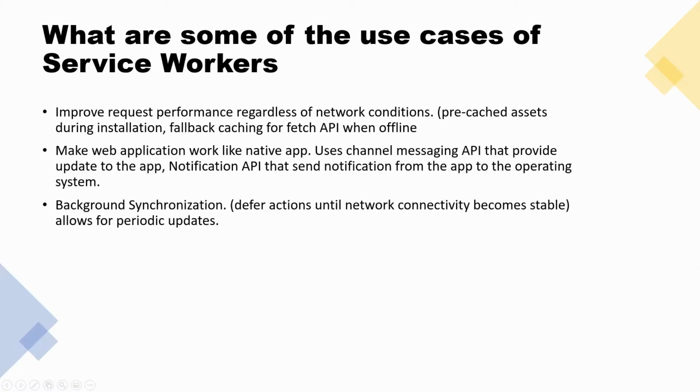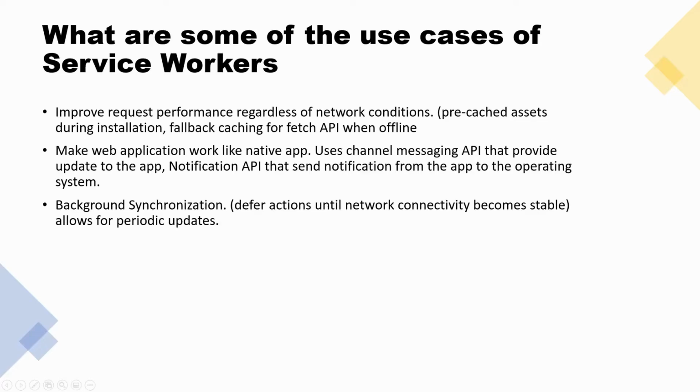Okay, so let's talk about some of the use cases of service workers. The service worker is very essential for progressive web apps. One thing the progressive web app is trying to do is improve request performance regardless of the network condition. The service worker allows you to do this because it's able to pre-cache assets during installation and provide fallback caching for APIs when offline.